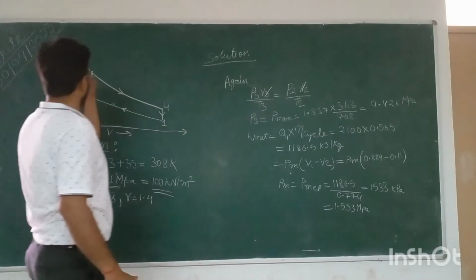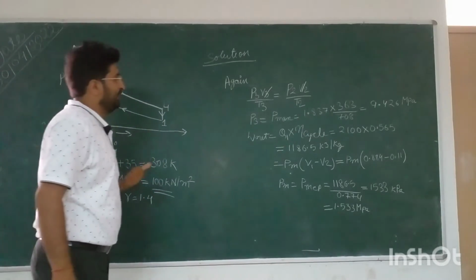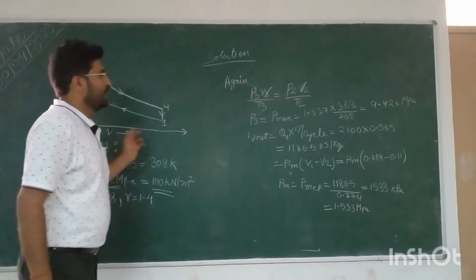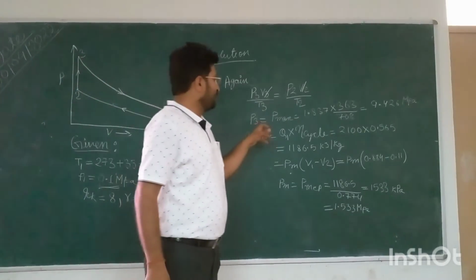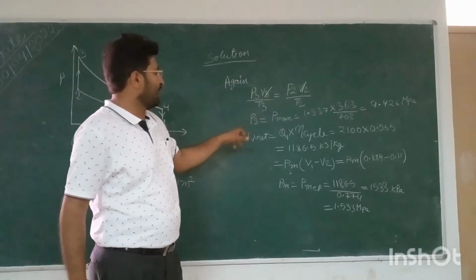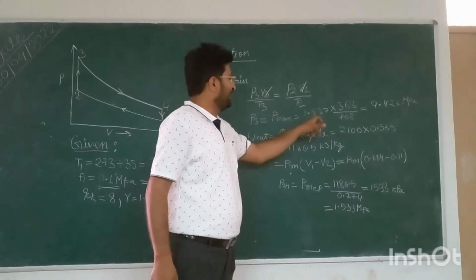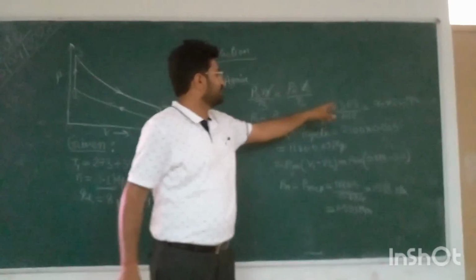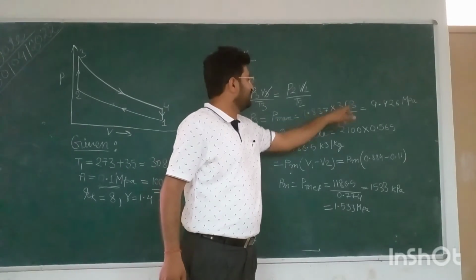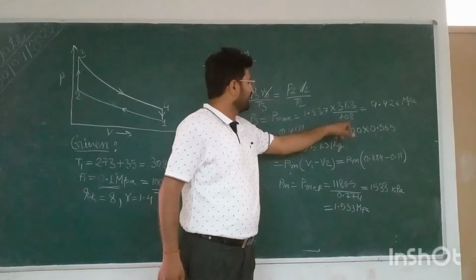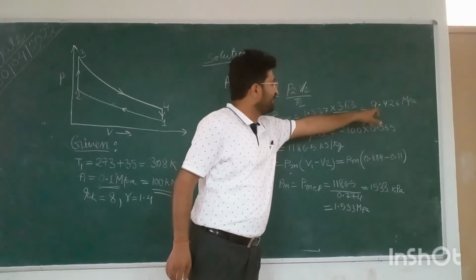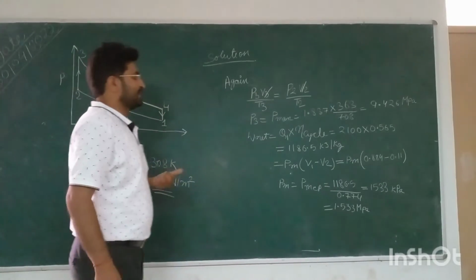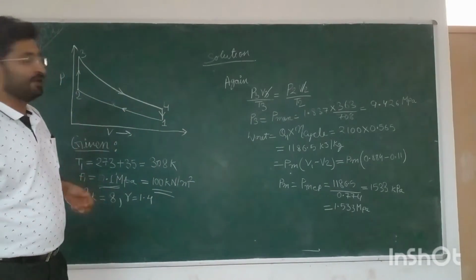We have to find out pressure at point number 3, and pressure at point number 3 will be the maximum pressure. We can simply calculate the pressure at point number 3 as 1.837 multiplied by temperature 3633 divided by 708.4, equals 9.426 megapascal. That is the maximum pressure at point number 3.